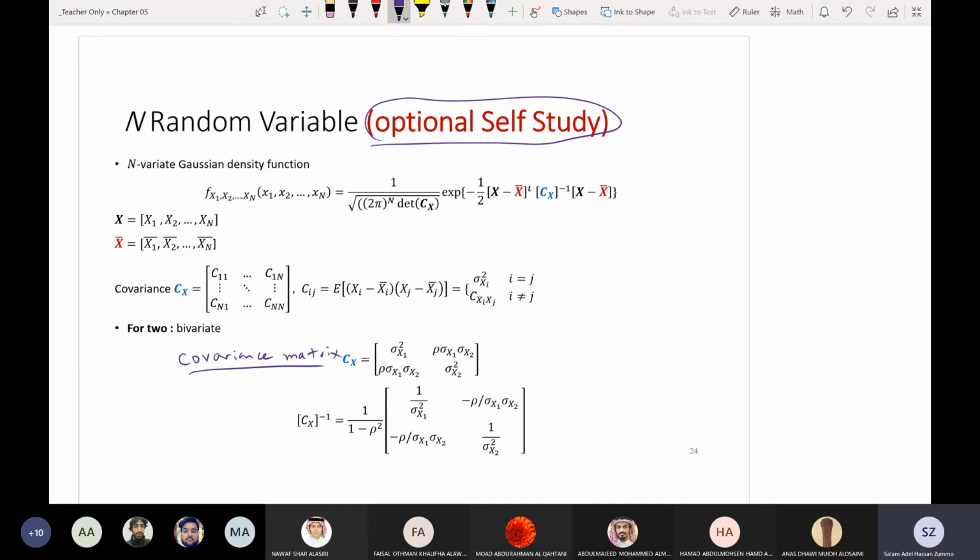The covariance matrix looks like this. It's a 2 by 2 random matrix.